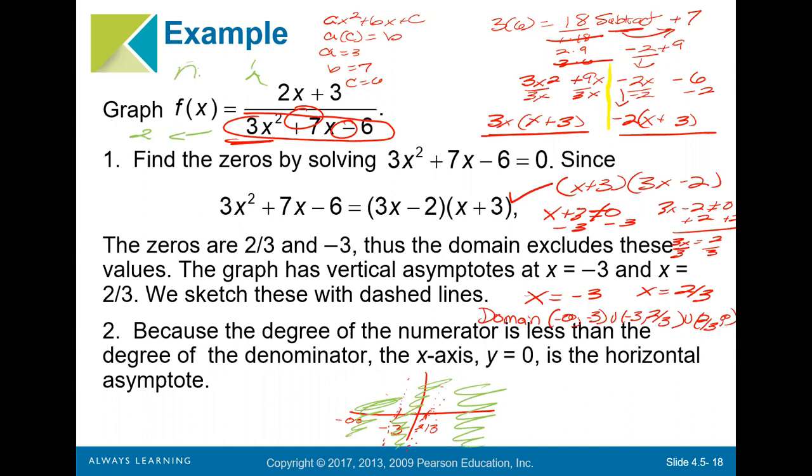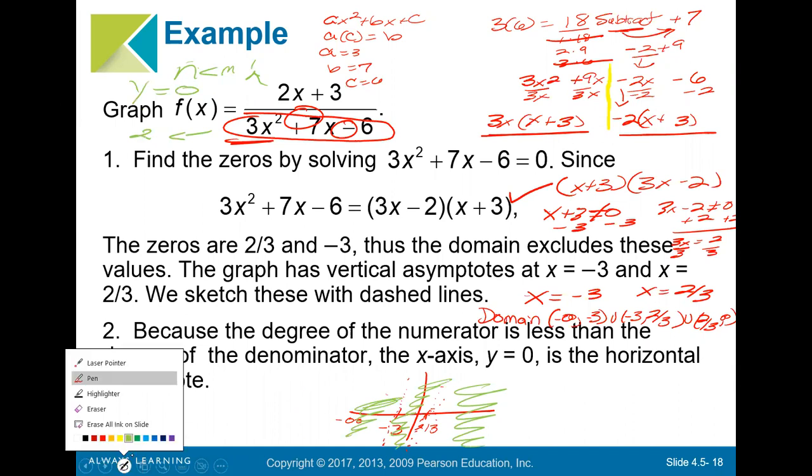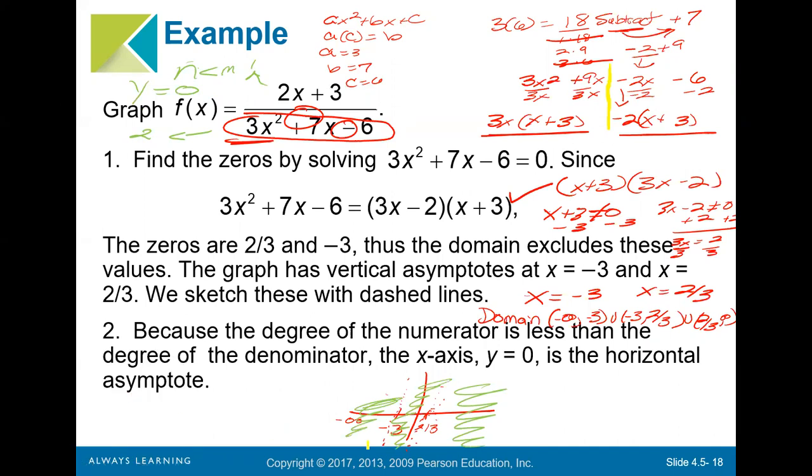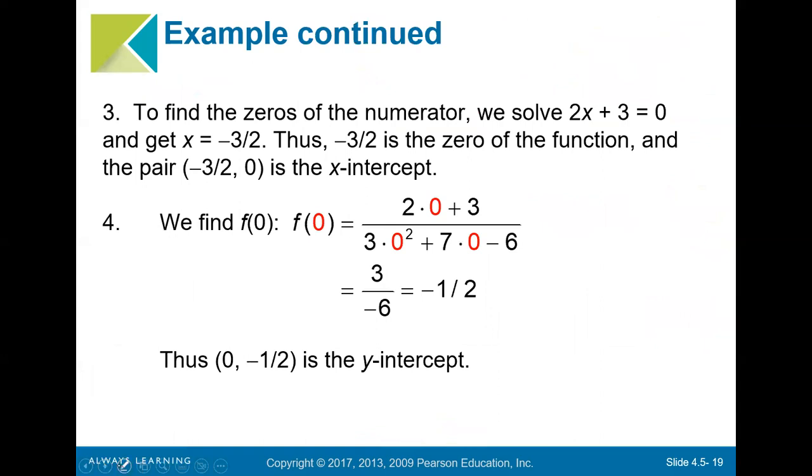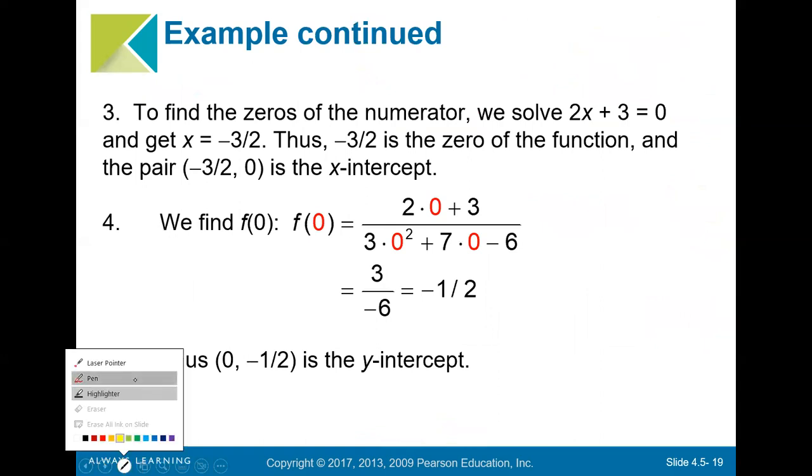So the numerator is less than the bottom. Therefore, y is equal to 0. So right here, we'd put the horizontal line for the horizontal asymptote.